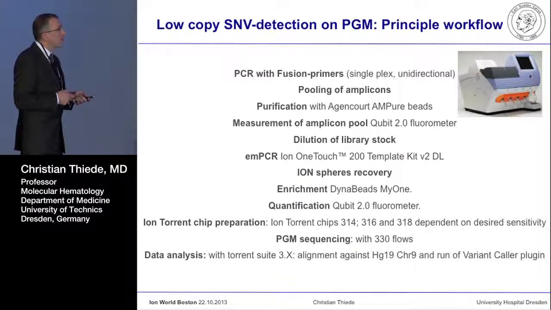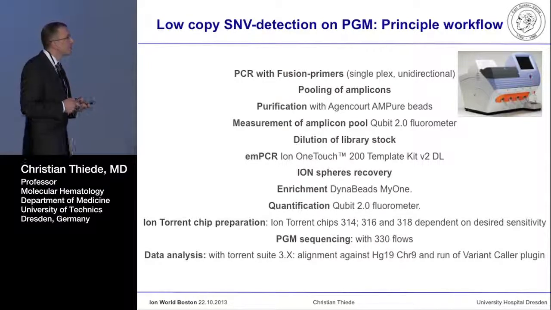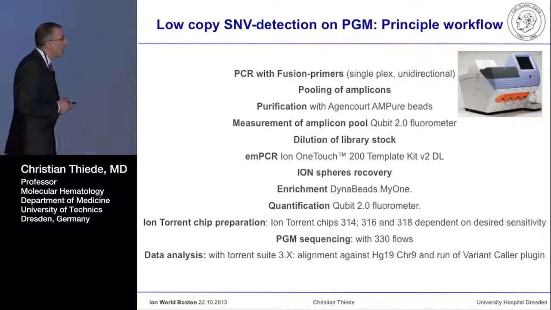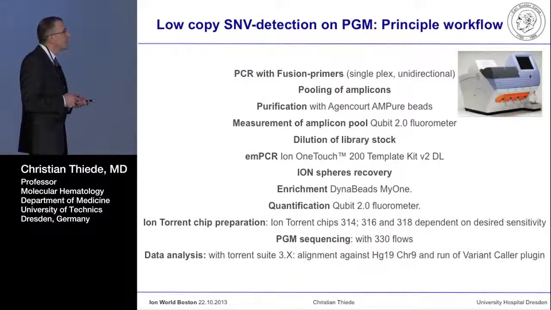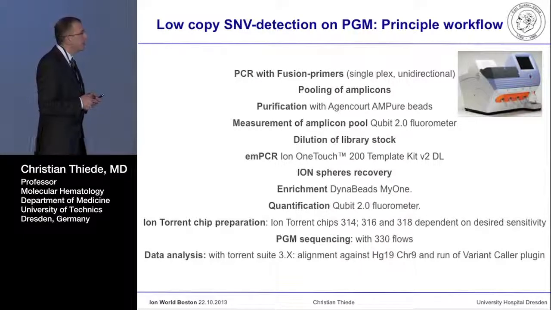This is the workflow. Essentially, it is quite standard, except that we start with the Fusion-PCR initially, which is a single-plex unidirectional PCR. You then pool the amplicons which you want to use on your chip, and you purify that with the AgentCourt beads and measure it to have a sufficiently diluted library stock to be used in the emulsion PCR.